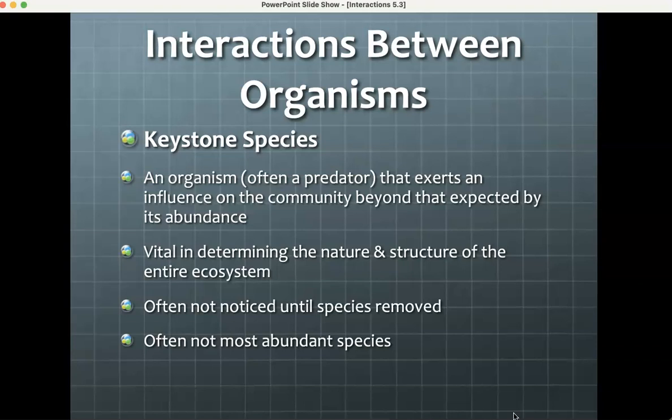And you could do the opposite thing. You could accidentally introduce a new species that throws the whole system out of whack. So it's very intricate. And like I said, that's why they very quickly went from food chain to food web, because there are so many interactions.